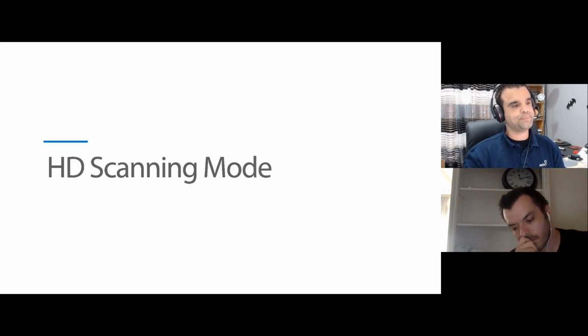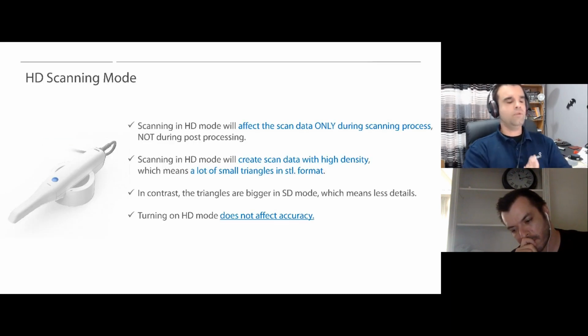Let's begin. HD scanning mode. The HD scanning mode affects the data only in the scanning process. It creates triangles which are very small, and that's why it's called high definition. It does not affect the accuracy at all.